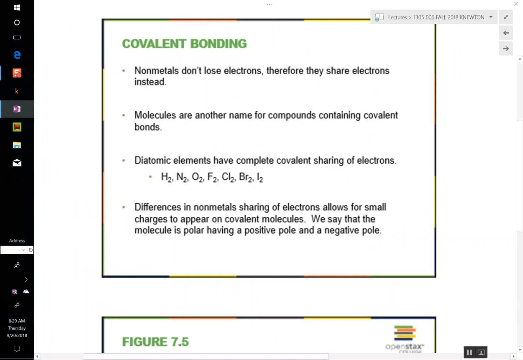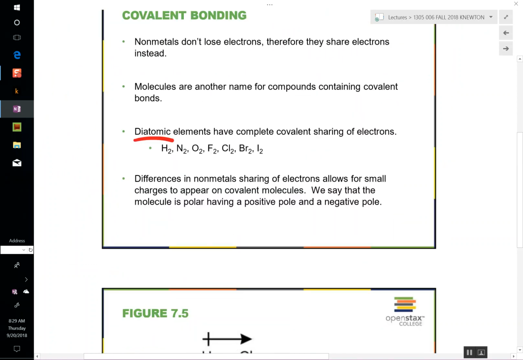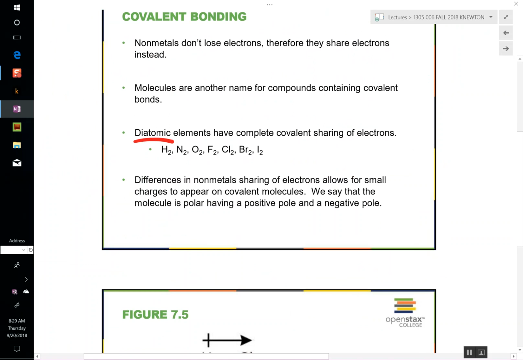Here's covalent bonds. Diatomic elements are going to form covalent bonds. They're going to equally share the electrons. Why? The two atoms in the bond, if it's hydrogen, looks like this. If it's fluorine, it looks like this.